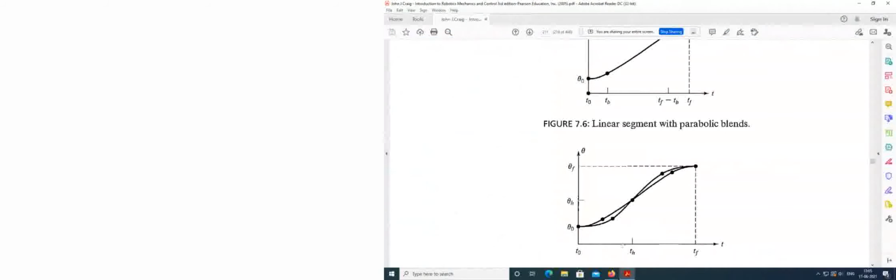Maybe if you look at this picture, you will get some idea. In order to reduce my acceleration, should I choose this path or this path? If I choose this path, then TB is more.